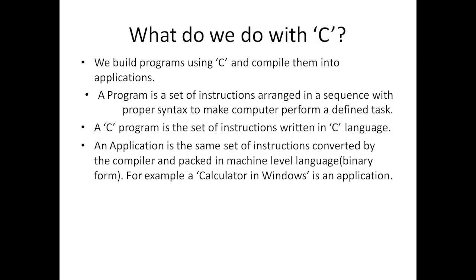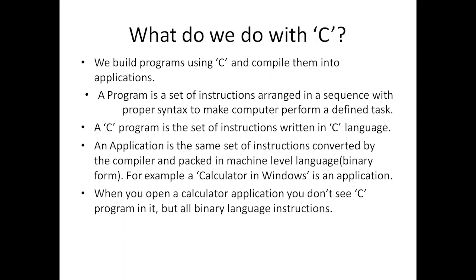And an application is the same set of instructions converted by the compiler and packed in machine level language or in binary form. For example, a calculator in Windows is an application. When you open a calculator application, you don't see a C program in it, but all binary language instructions.